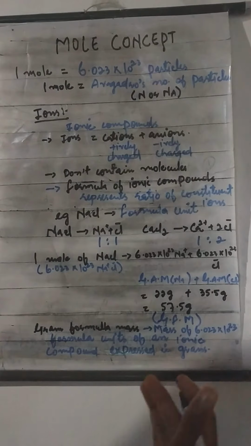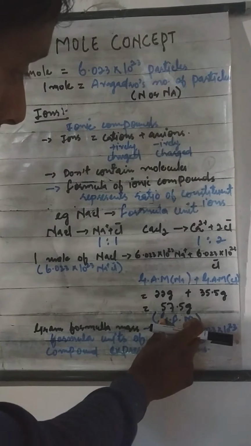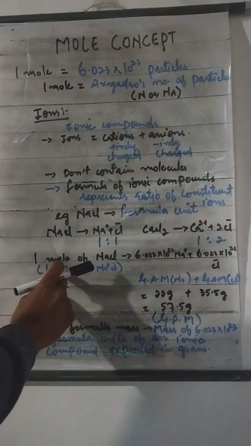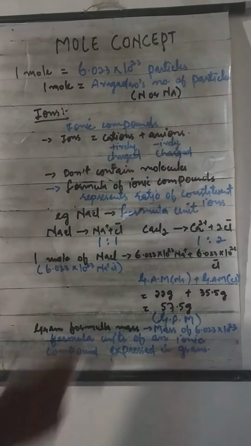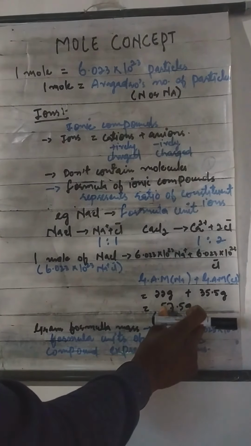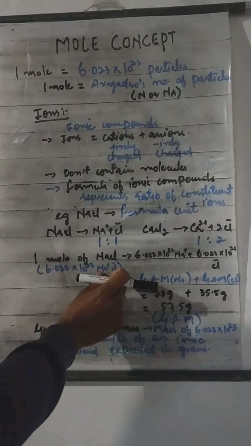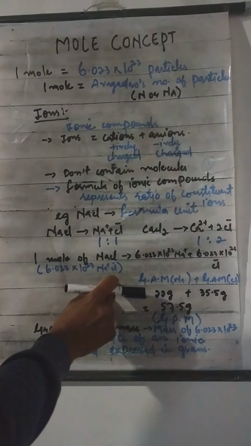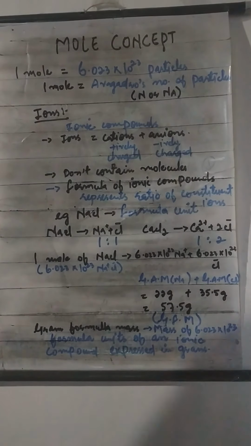Gram formula mass is the mass of 6.023 × 10^23 formula units of an ionic compound expressed in grams. We have to express the mass in grams. That mass is called the gram formula mass of an ionic compound.